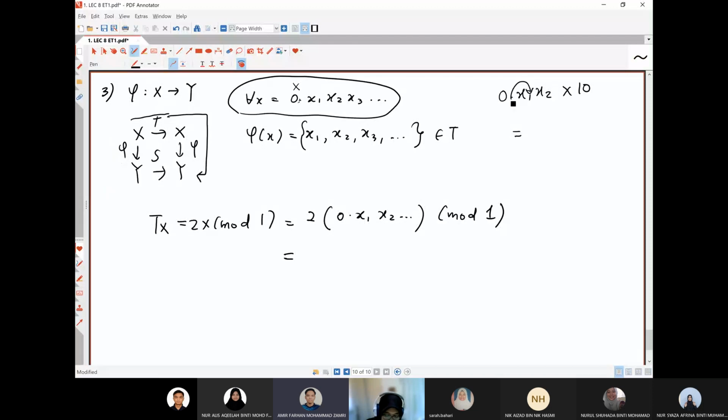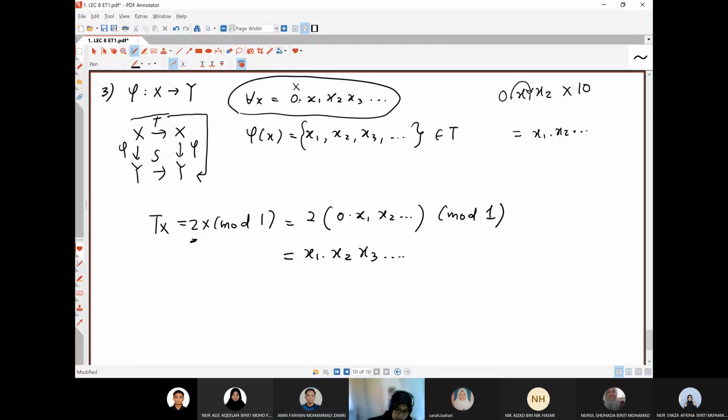Kita pindah dot ni. Dapat x1.x2 and so on. So sama juga kalau darab dengan 2, sebab kita consider dyadic function. So kita darab 2 dengan 0.x1, x2 kita akan dapat x1.x2, x3 and so on.